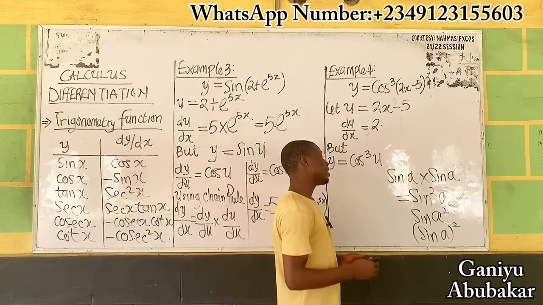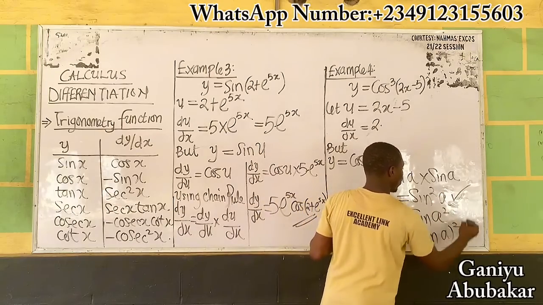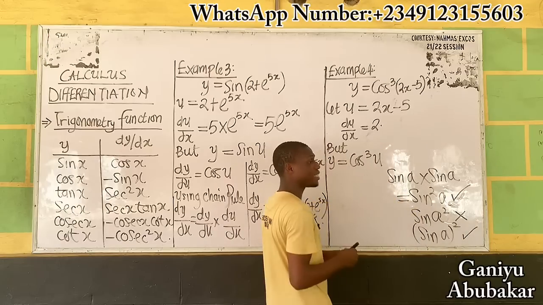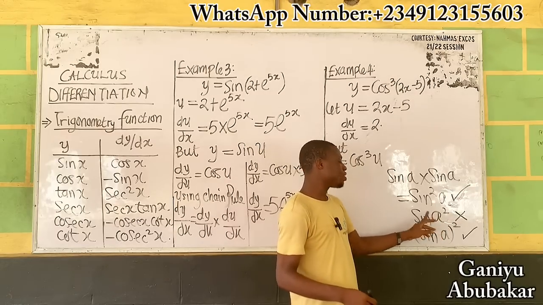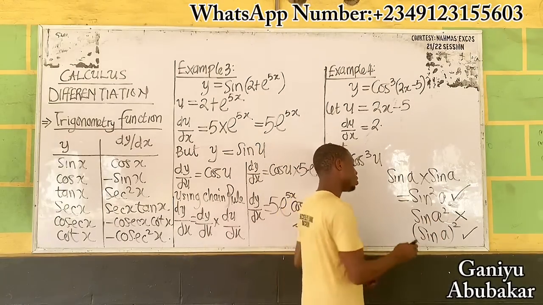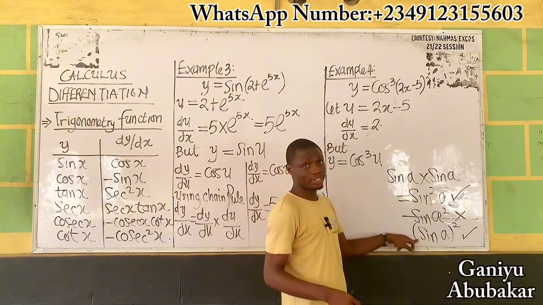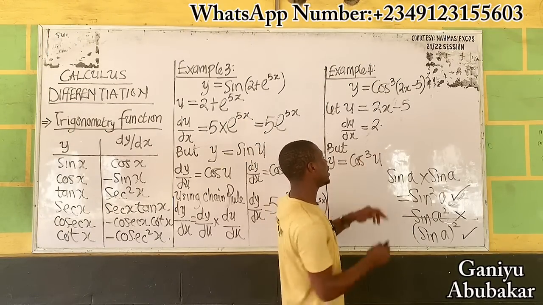Please note that I have two answers here. I can either go for this or this. This one in the middle here is not the answer. The square is only affecting a, not affecting sine, in this form. So this one is wrong, while this one and this are still correct. In other words, I'm having cos cube u. What does it mean?